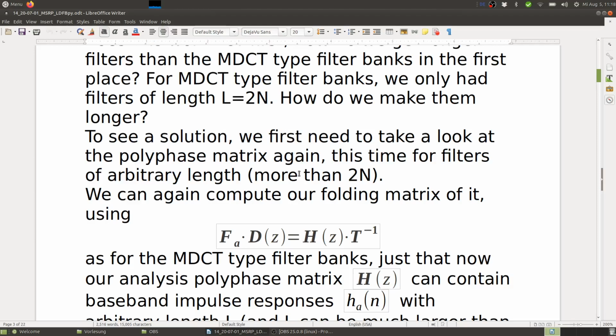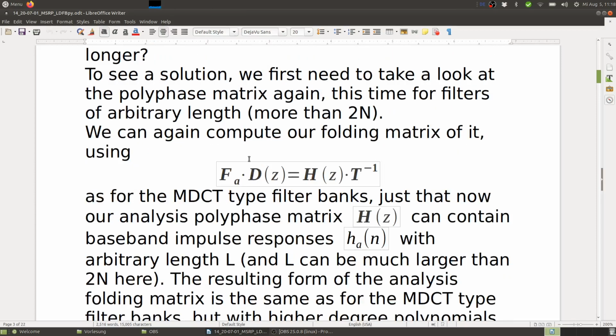So again, we can compute our folding matrix of it using our formula as before. Here we have our folding matrix with the delay matrix, and this results from taking the polyphase matrix H of our analysis filter bank, this time for longer filters.